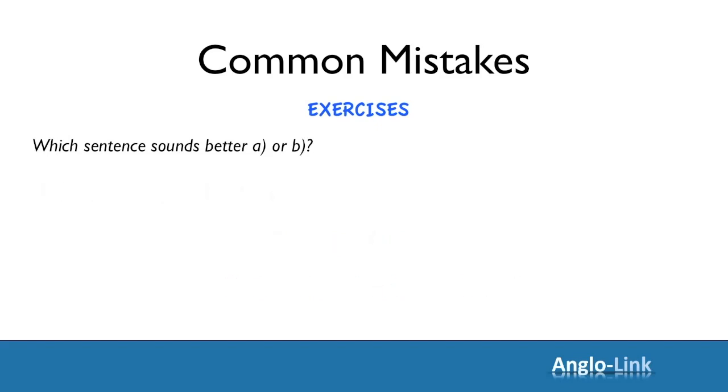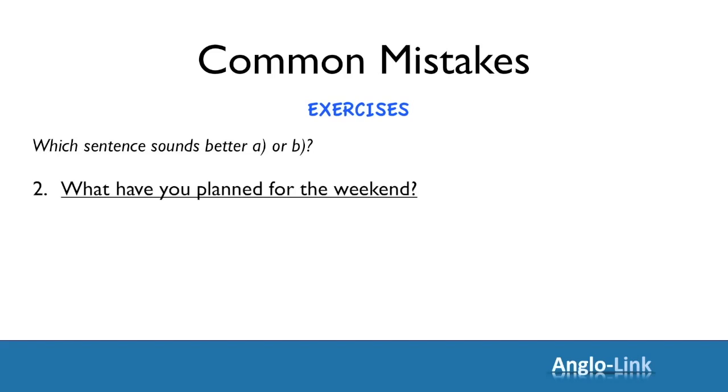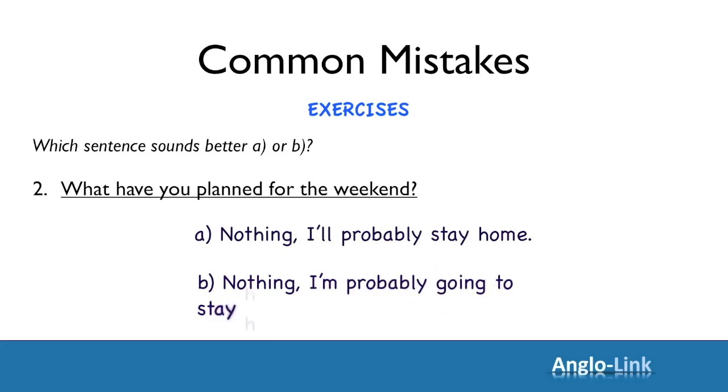Let's look at our second example. Someone asks you, "What have you planned for the weekend?" Now, you don't have any plans. What should you say? "Nothing, I'll probably stay home." Or, "Nothing, I'm probably going to stay home."